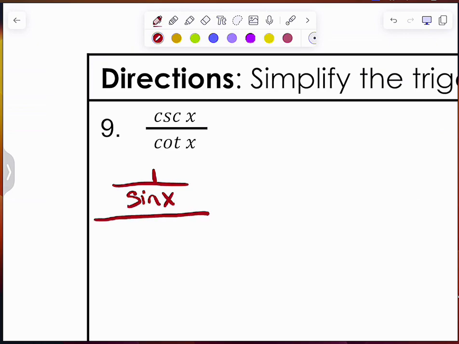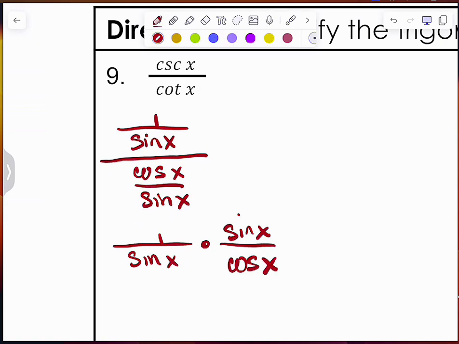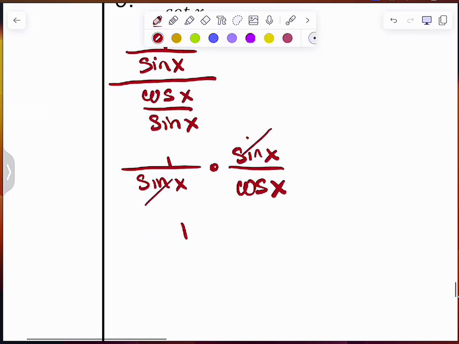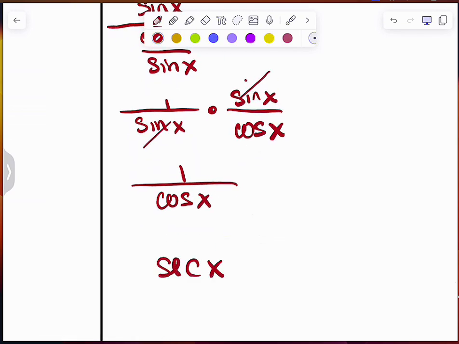I'm going to rewrite cotangent as cosine over sine. Oh, it's x. Sorry. I can rewrite my division as multiplication by the reciprocal: 1 over sine x times sine x over cosine x. Sine over sine cancels. 1 over cosine x is secant x.